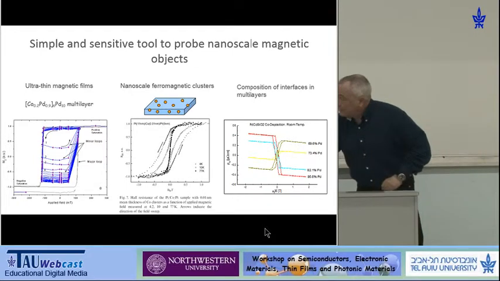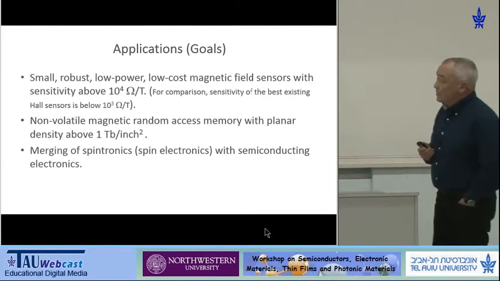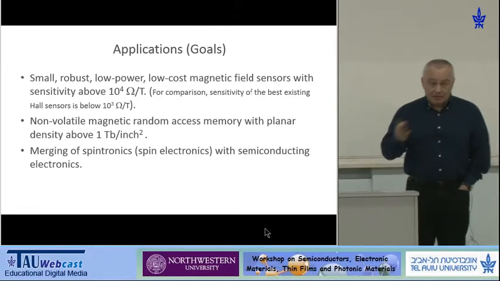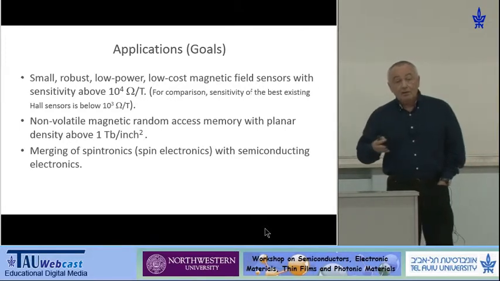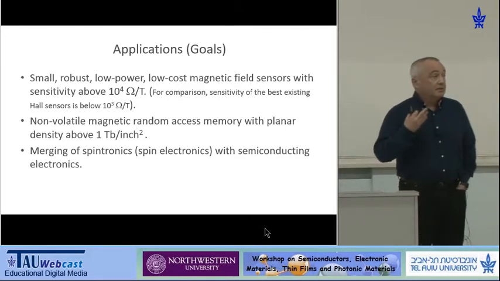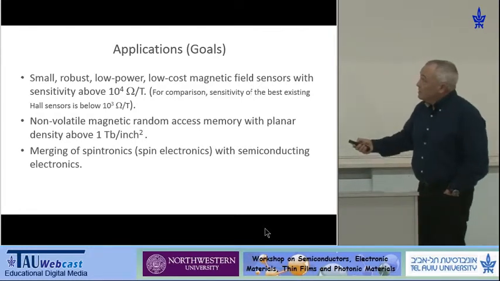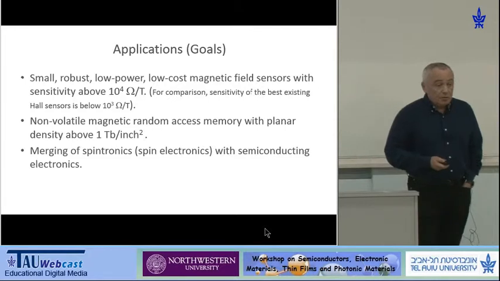Okay. Now, another thing which is interesting is the direction of applications. And when we talk about applications, we talk about more or less three things. One of them is that we are probably able to generate very sensitive magnetic field sensors, with a sensitivity, which I will talk about a little bit later on, that is higher by at least a few orders than the sensitivity of the best semiconductors.